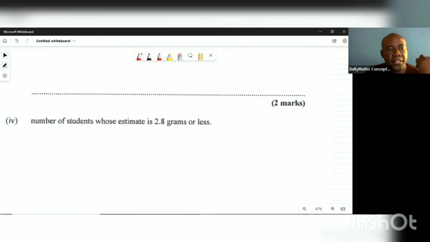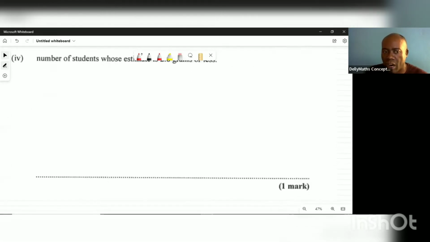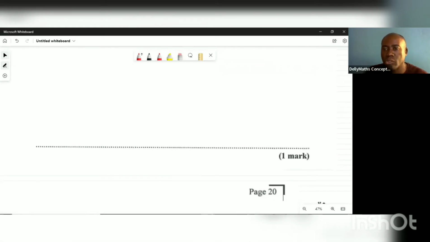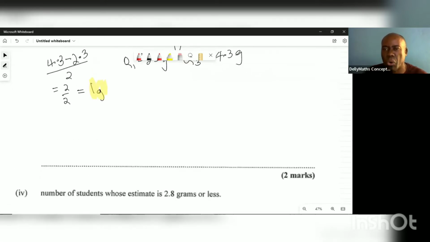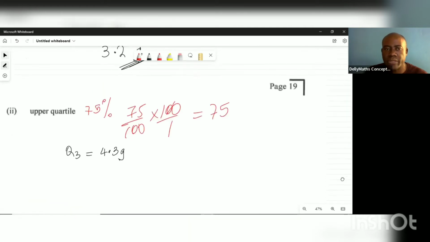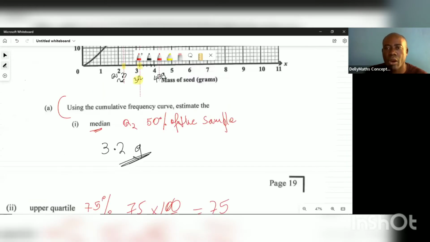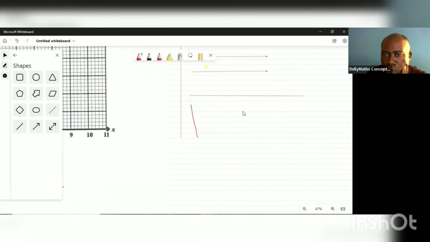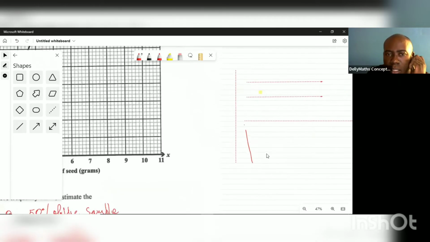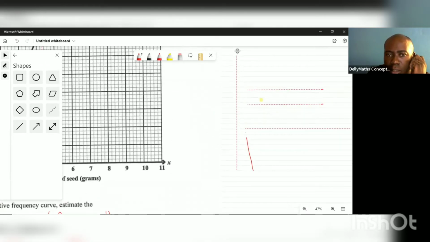Next question says, we want to determine the number of students whose estimate is 2.8 grams or less. So let's just go to our cumulative frequency curve again. All right, so let's go with our 2.8.